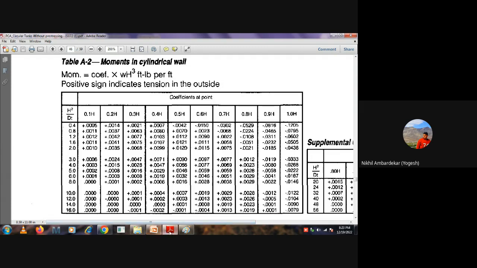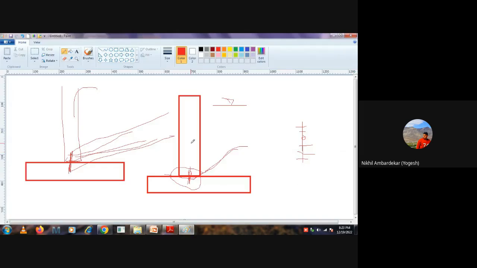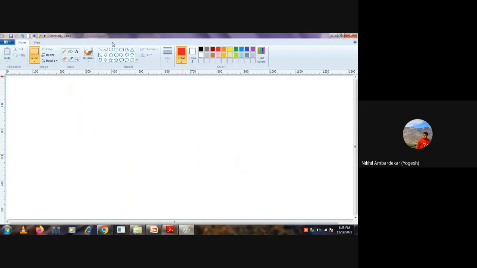Okay, means if I try to draw the pattern of the wall, this understanding of this pattern is very important. Suppose this is a wall subjected to this triangular load.